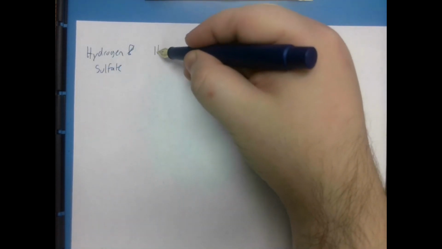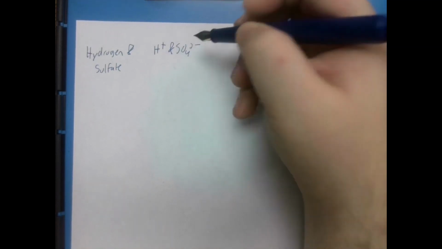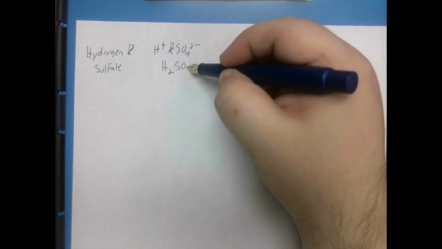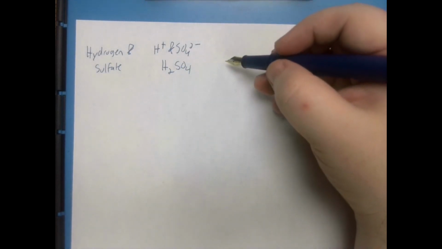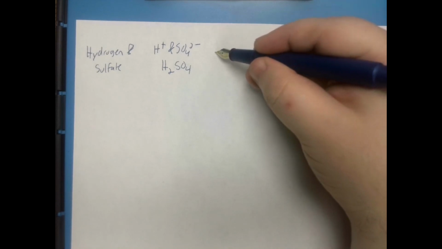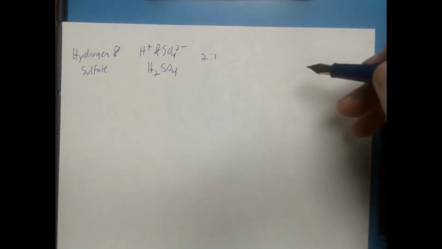This is H plus and SO4 2 negative. So when we crisscross, this becomes H2SO4. The ratios in the PowerPoint are wrong. I would say this is a 2-to-1 ratio. It puts 1 to 2. So the name of this is sulfuric acid.